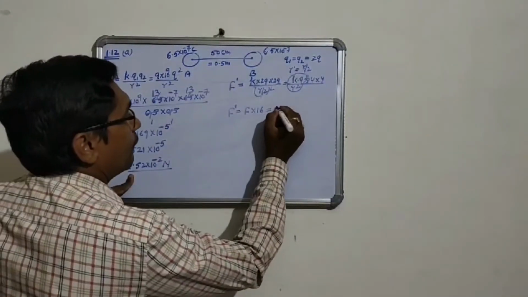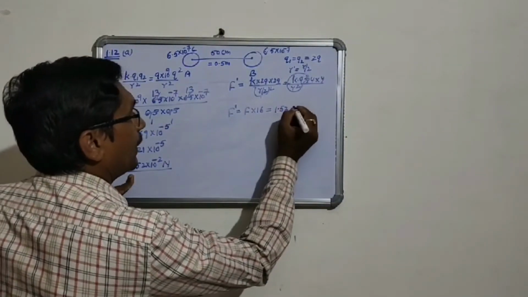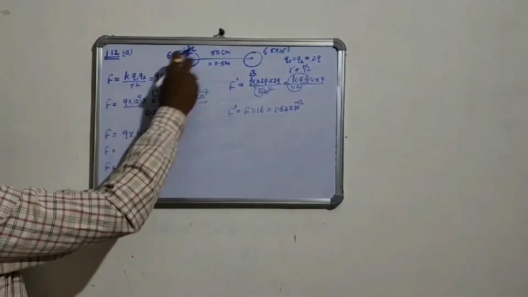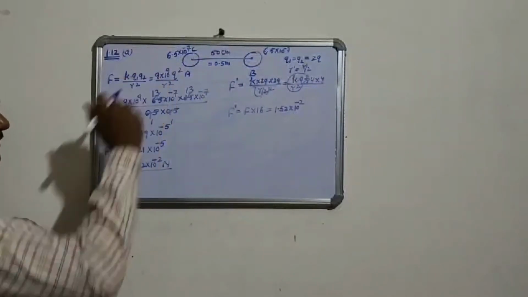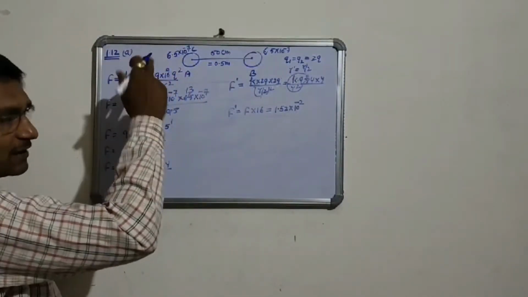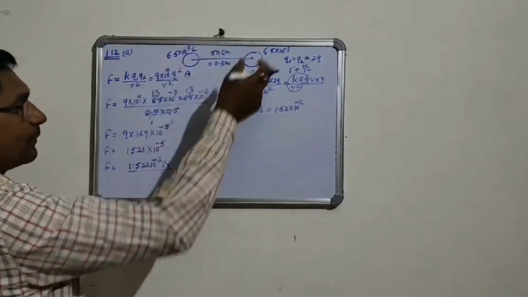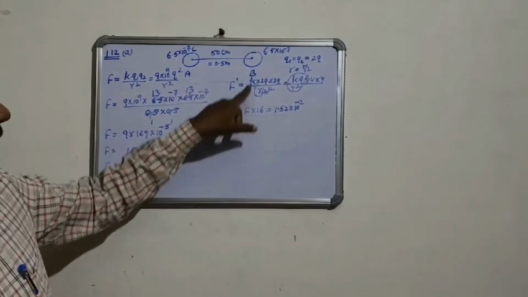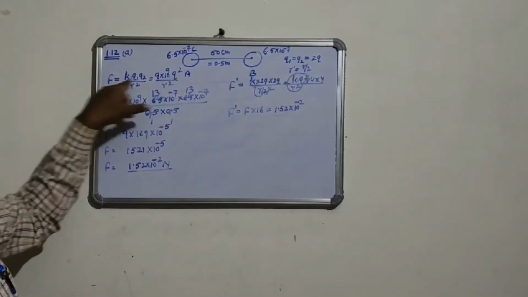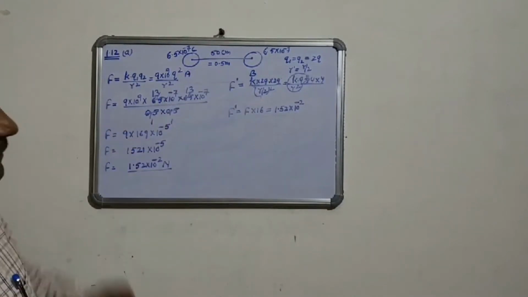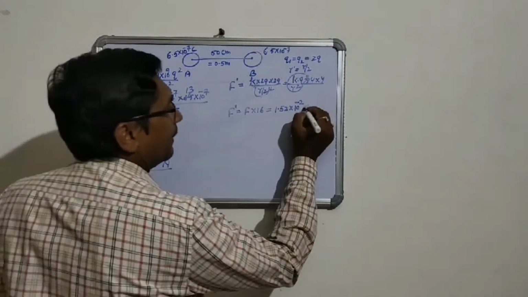So F equals to 1.52 into 10 to the power minus 2, the force between two charges in air in the previous condition. The magnitude of charge is doubled from the previous condition, and the distance is halved from the previous condition. So we compare: F is the force in the previous situation, and F dash is the new force when charge is doubled and distance is halved, multiplied by 16.